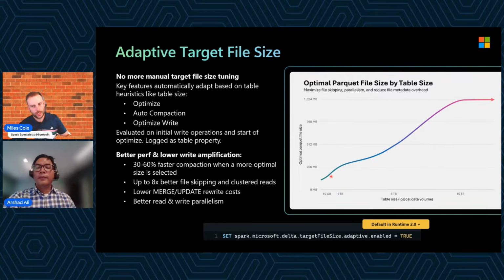And that actually sets it as a table property on your table. So if you do describe detail on your table after running optimize, you can actually see the evaluated target, and then every optimize, auto compaction, or optimize write operation going forwards will automatically use that target. And then every time optimize is run after that, it reevaluates what is the ideal size for that table as of that point in time.